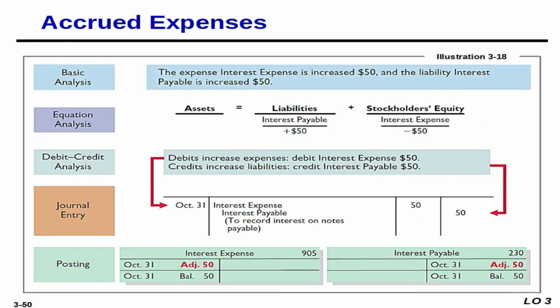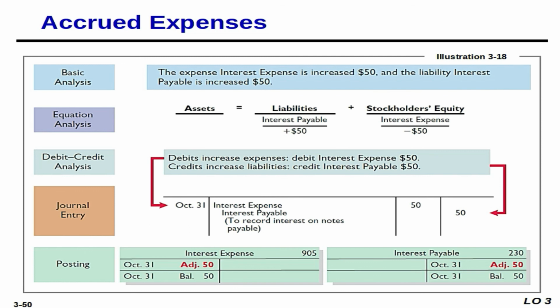The analysis, we still do the same basic analysis. Interest expense is increased because it's an expense, $50. The liability interest payable was increased $50. So liabilities increase $50, and interest expense increased $50.